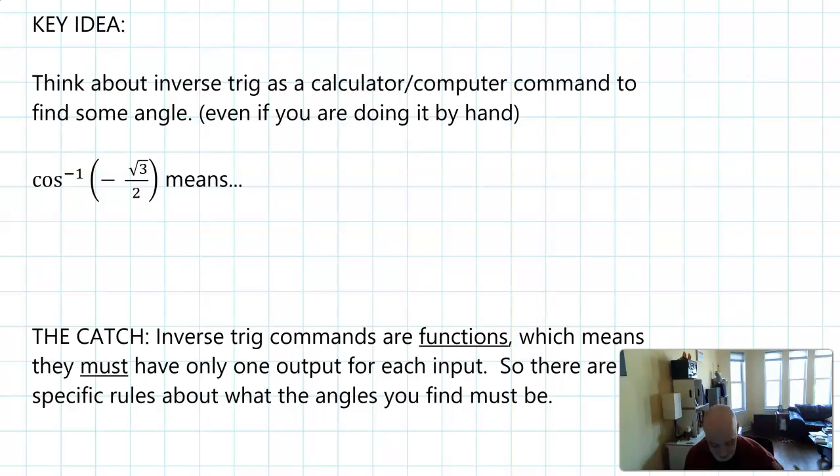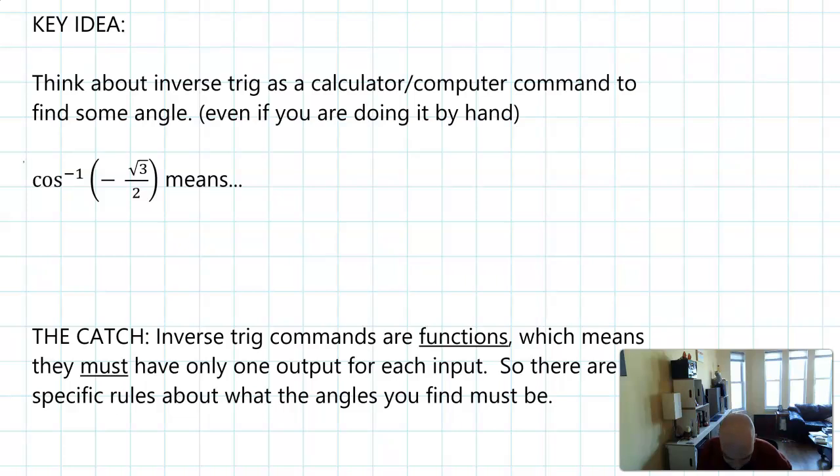I think the best way to think about an inverse trig statement is as a calculator or computer command, except in most cases you are the calculator or computer. But just like a calculator or computer, you're being commanded to find a single answer.